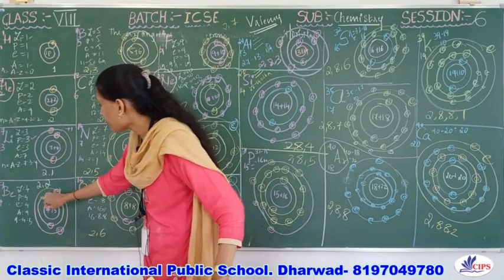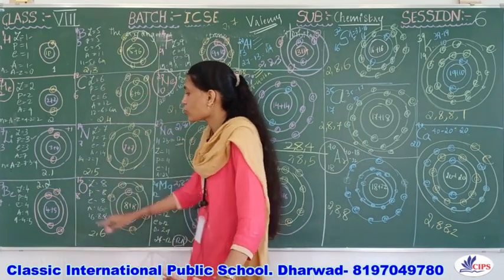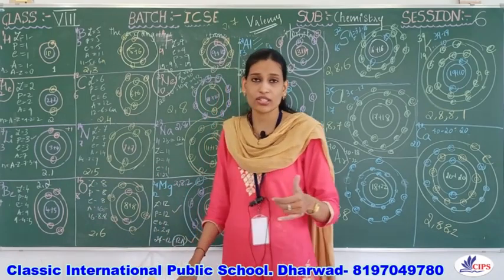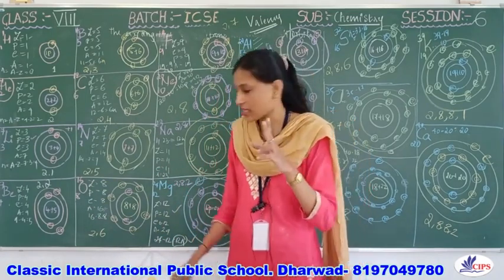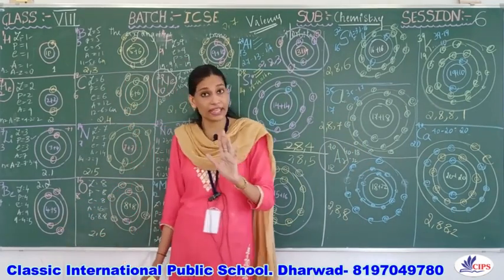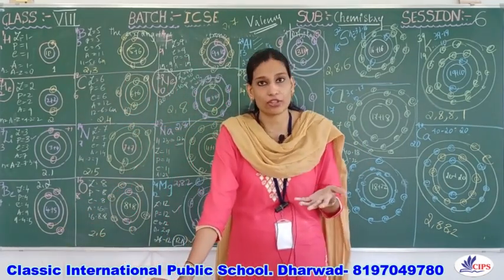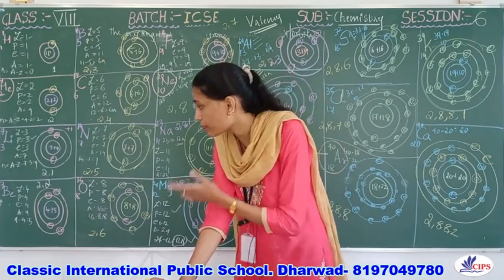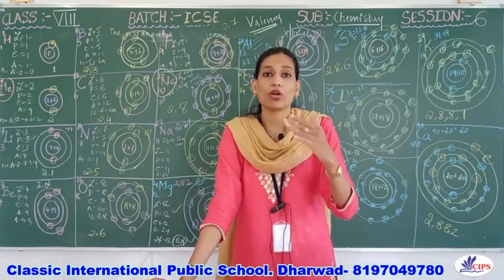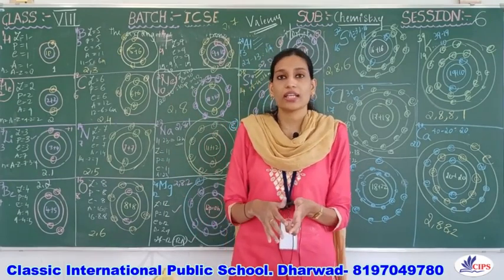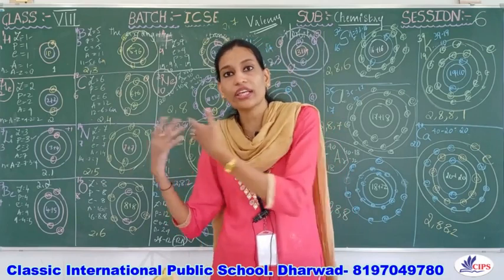Similarly, beryllium has 2 electrons. How many valence electrons are there? 2 valence electrons are there, and the K shell is full. Whereas the L shell should have 8 electrons, but there are only 2 electrons. So what will beryllium do?